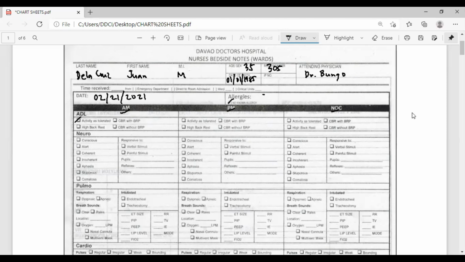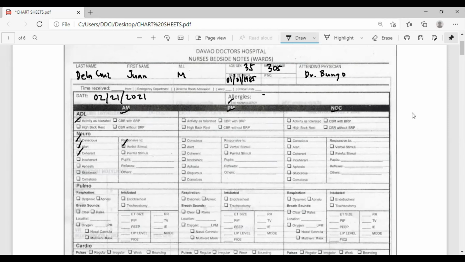You have your conscious, alert, coherent, incoherent, aphasia, stuporous, and comatose. So you have to check which assessment you find the status of your client. So let's put in conscious, alert, and coherent. Okay. So for the responsive, responses to verbal stimuli or painful stimuli. So going to put here a check on the verbal stimuli.